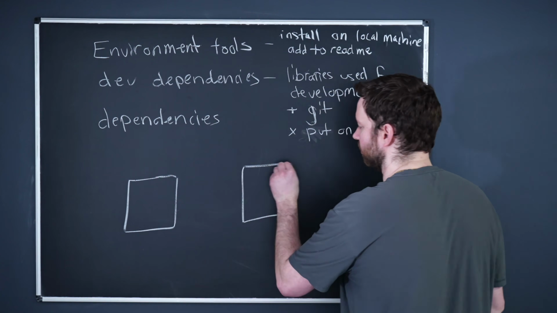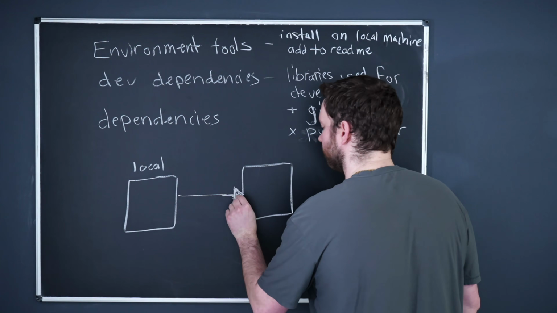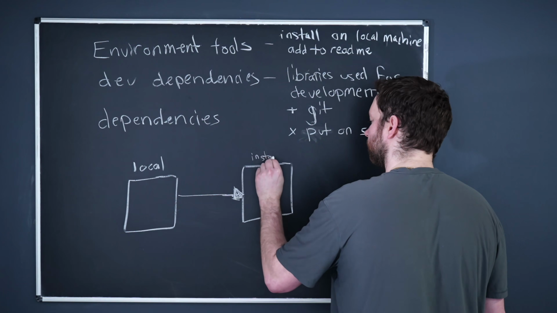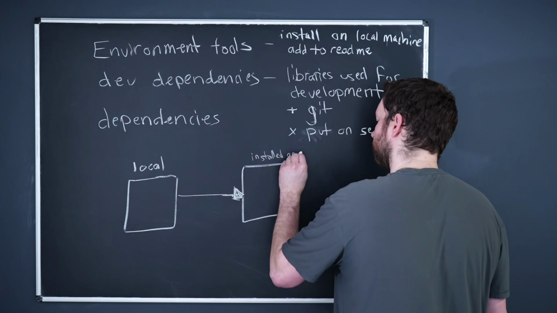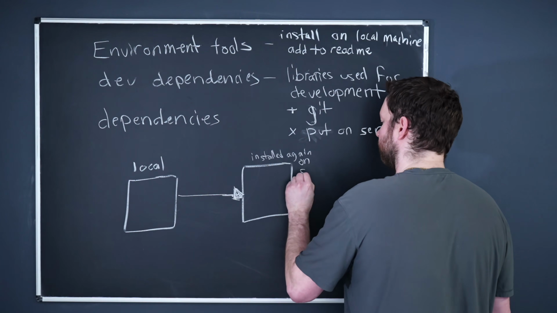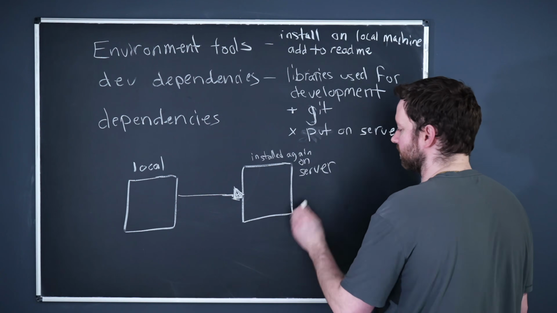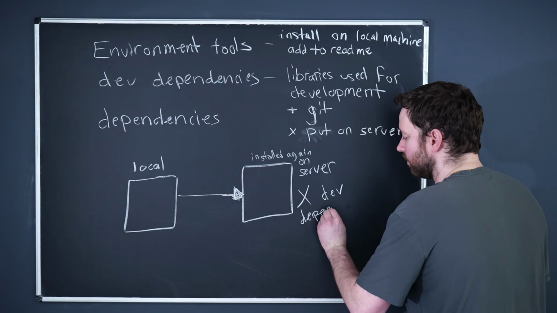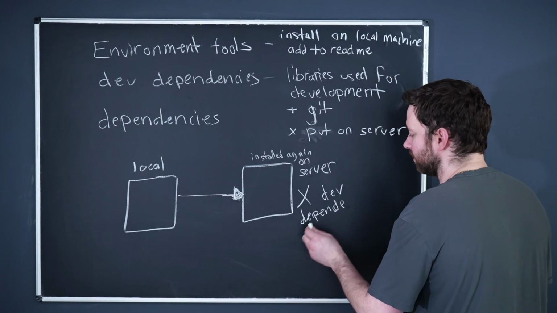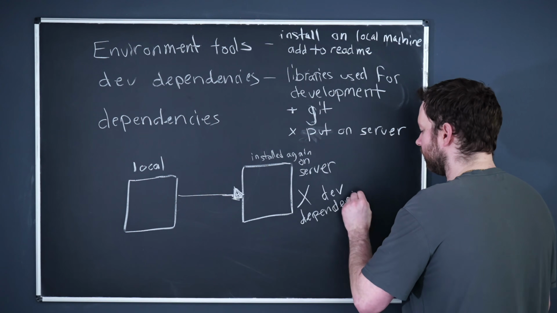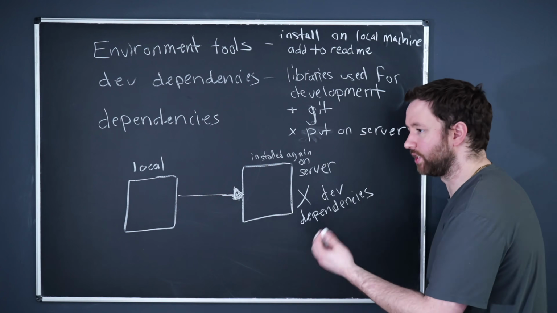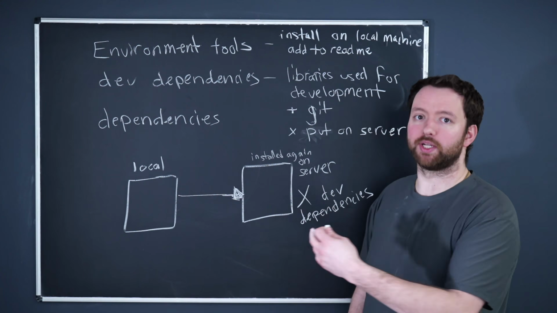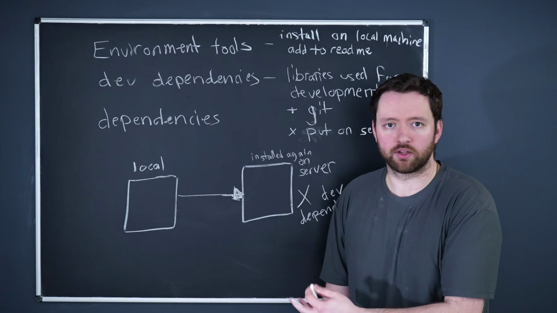We're going to install them locally, and then when we push the code to another environment, they will be installed again on the server. But you need to specify that we do not want the dev dependencies. It's probably not the end of the world if they get installed, but it's just going to take longer and introduce potential issues. But if you add an extra library or two, it's probably not going to cause the server to explode.